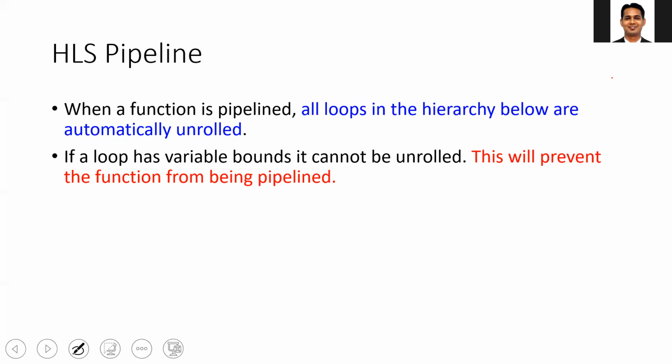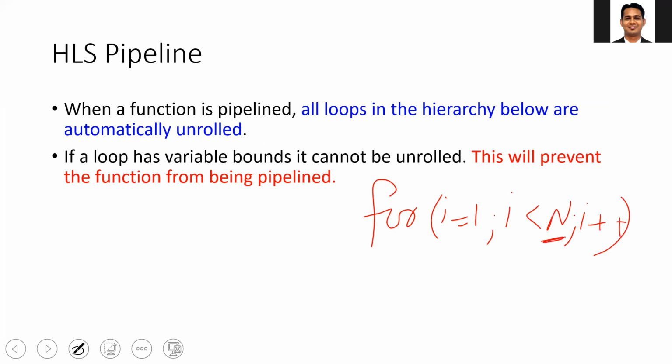If a loop has a variable bound, for example, you write a loop which is for i = 1, i < n, i++, and this n is a dynamic variable, it cannot be decided at compile time. So what do I mean by this?